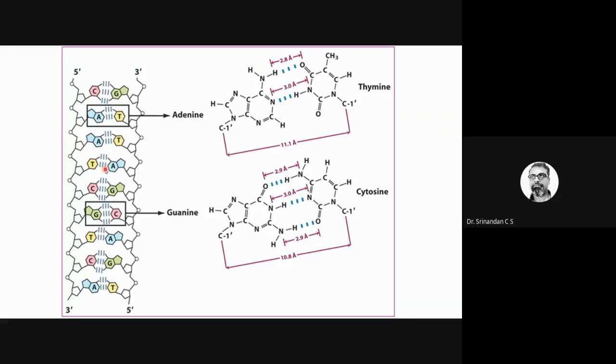It is like taking two threads and rolling them over, so it forms a loop kind of structure. Similarly, a helical structure, not a loop, will be formed over here. So what we should know is whenever there is A and T, there are two hydrogen bonds, and there are three hydrogen bonds whenever there is G and C.